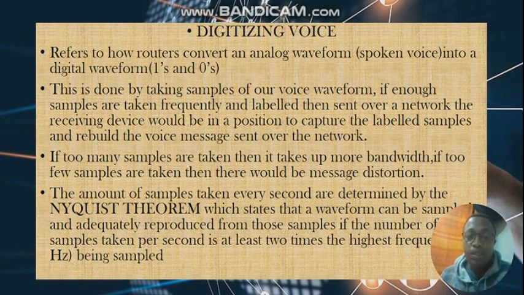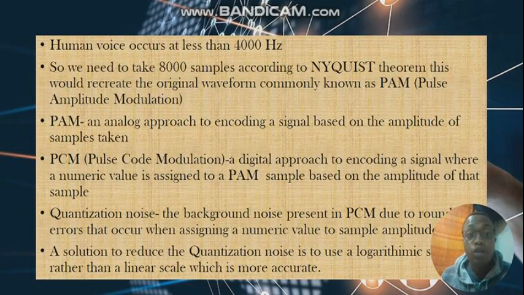Now, the samples taken every second are determined by the Nyquist theorem, which states that a waveform can be sampled and adequately reproduced from those samples if the number of samples taken per second is at least 2 times the highest frequency being sampled. Now, in the voice world, human voice occurs at less than 4000 Hz. That is the frequency for human voice.